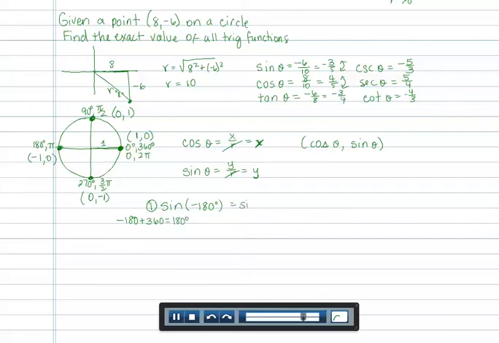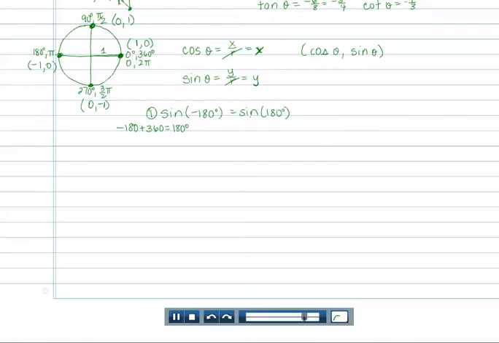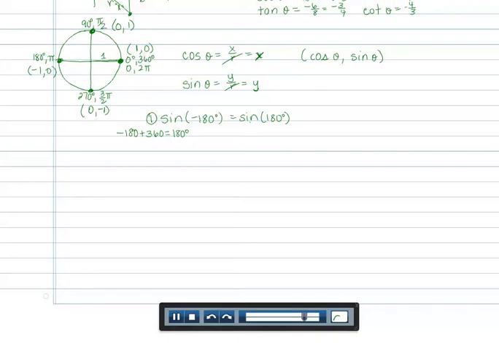So literally you're looking for the sine of 180 degrees. And the sine of 180 is the y value at 180. So you go back to the unit circle. The y value is 0. So the sine of 180 is 0. Pretty neat, right?